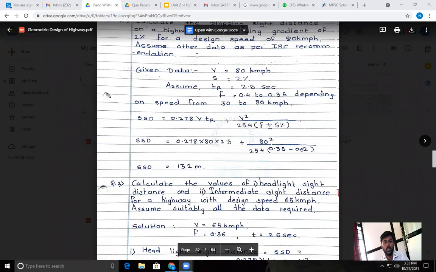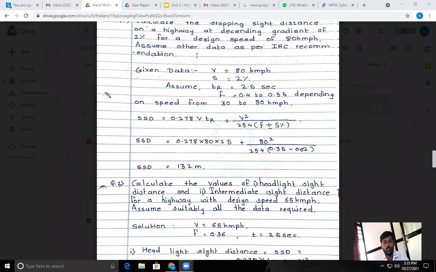1, 2, 3 have texted the answer. Others, please try the answer. SSD as well as what is asked? ISD, that is intermediate sight distance. In the previous lecture I told how you take the ISD.